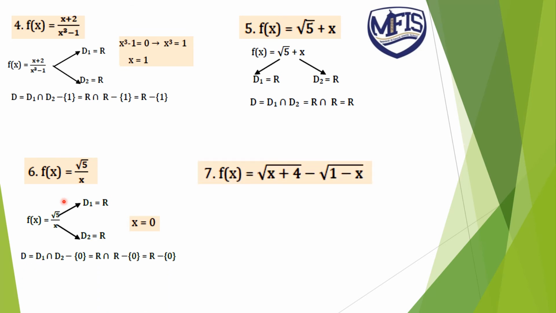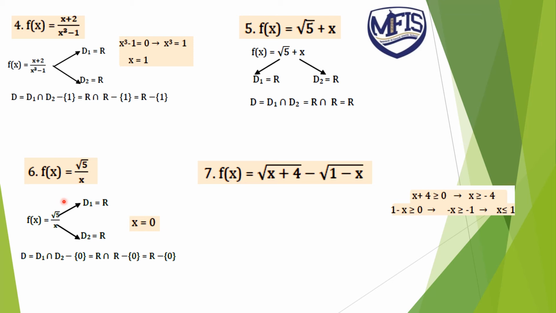Number 7. If f of x equals root of x plus 4 minus root of 1 minus x, so we take x plus 4 greater than or equal to 0, so x greater than or equal to negative 4, so x from negative 4 closed to infinity open.